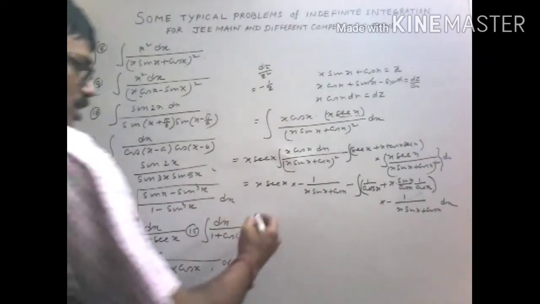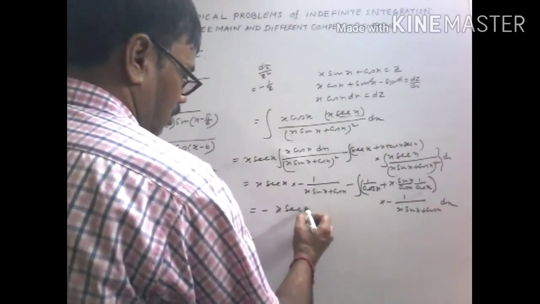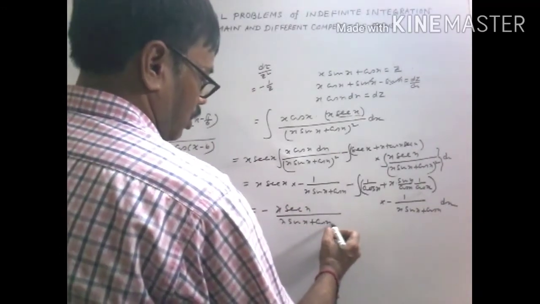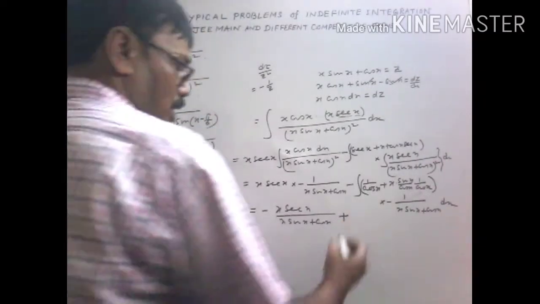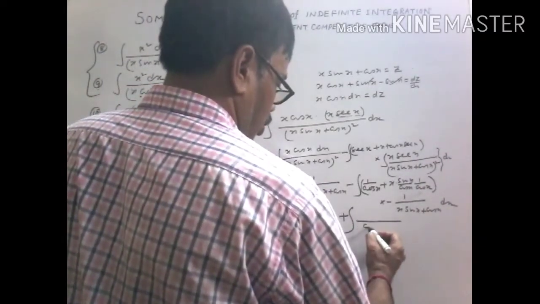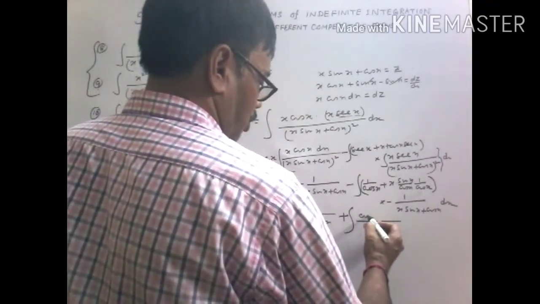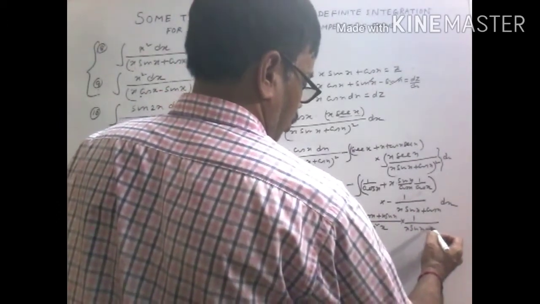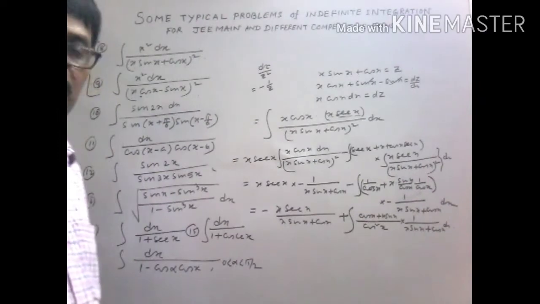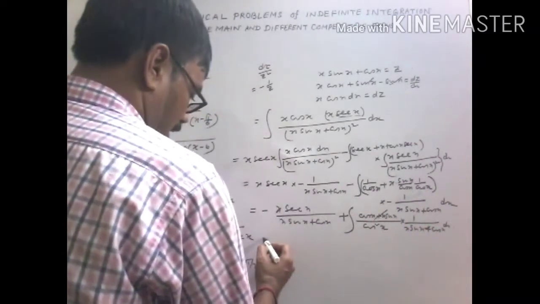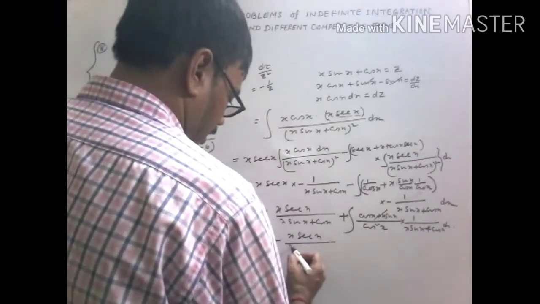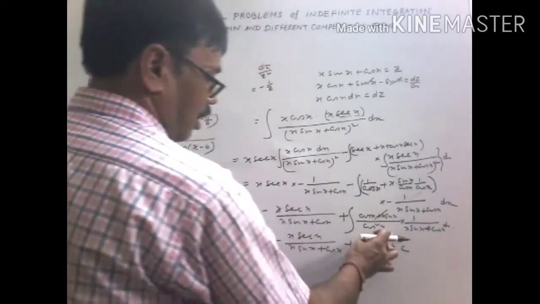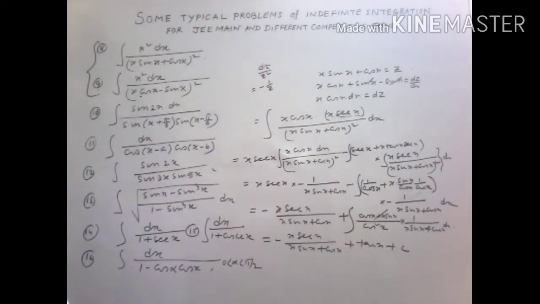Now after this step, minus x sec x by x sin x plus cos x. Now look, this one is plus. So if we simplify, cos square x is the LCM. So cos x plus x sin x, and it is 1 by x sin x plus cos x dx. So look, this cancels, and it is very simple: x sec x by x sin x plus cos x plus tan x plus c. 1 by cos square x is sec square x.